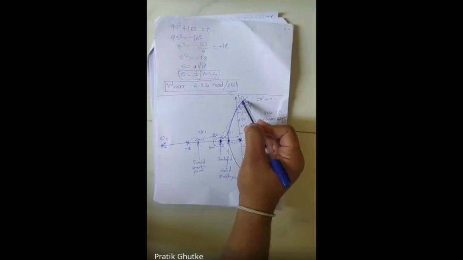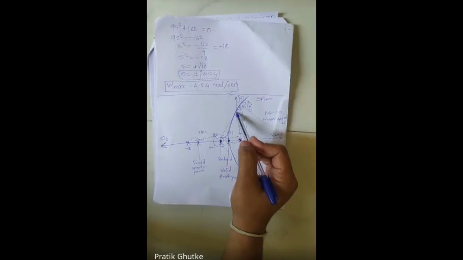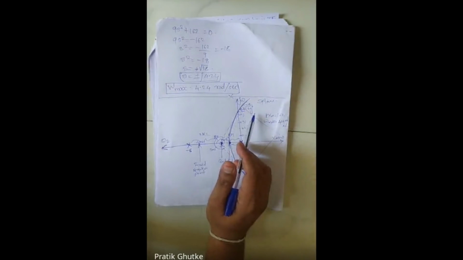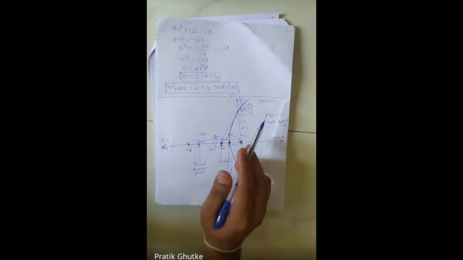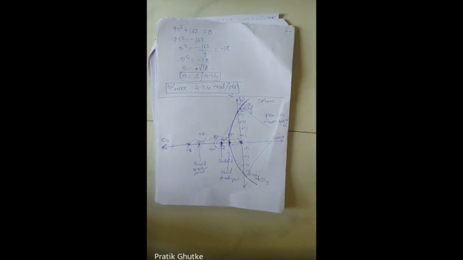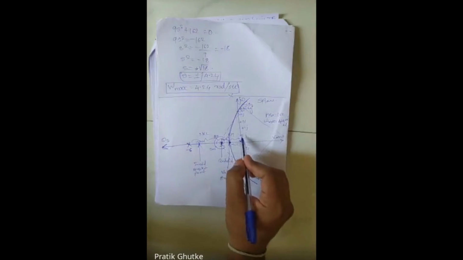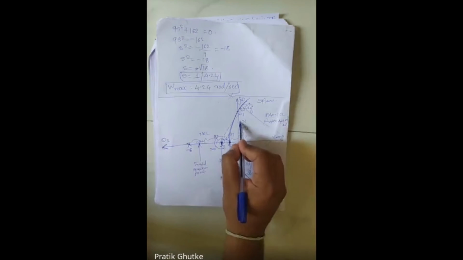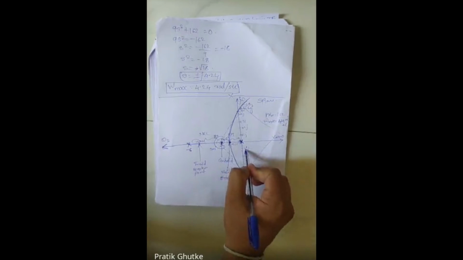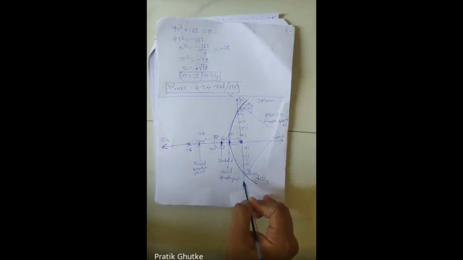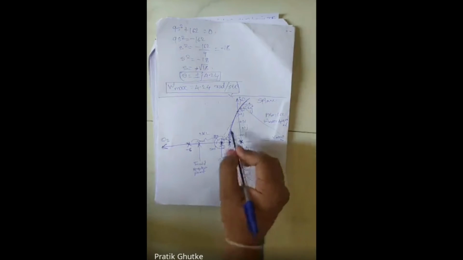And on the imaginary axis, where it will meet, for that I have calculated omega marginal, omega max, that is plus minus j4.24. On the y axis also there will be a scale 1j, 2j, 3j, 4j, and on the negative side -1j, -2j, -3j, -4j, and then -4.24j.